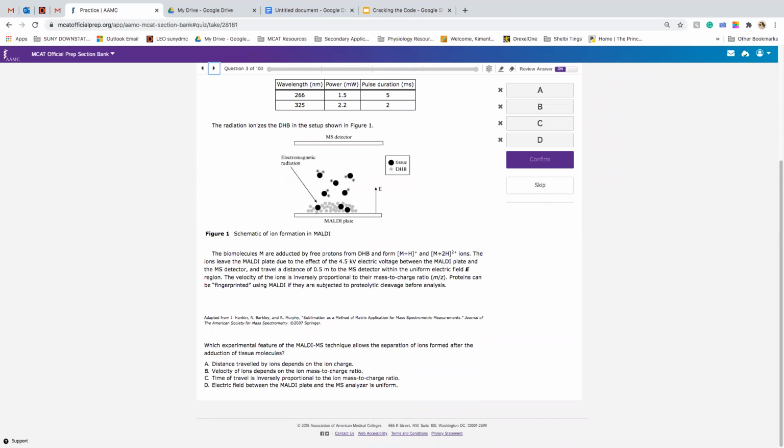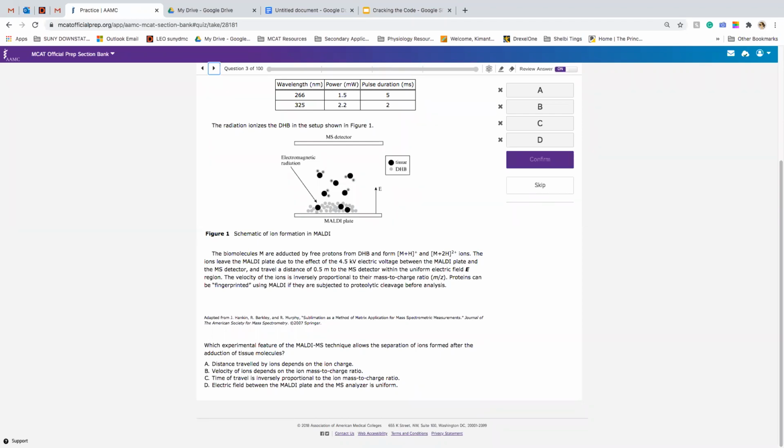So why don't you take a look at it and tell me what you think it's asking? Okay. Let me read it. It's saying which feature of the MALDI-MS technique essentially allows ions to separate.